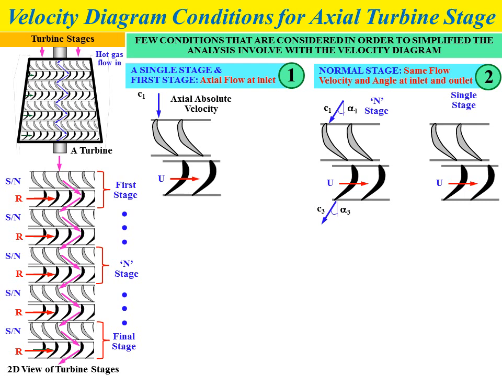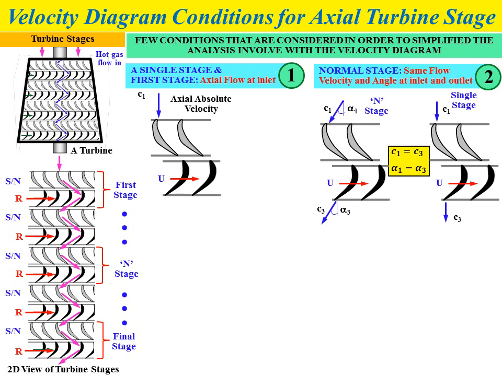The second figure shows the example if we implement the normal stage condition for a single stage turbine. As we know, for a single stage turbine, we implement the first condition where we have axial flow at the inlet. So if you implement the normal stage condition, we also have axial flow at the outlet of the stage. So C1 equals C3, where both alpha 1 and alpha 3 will be equal to 0.